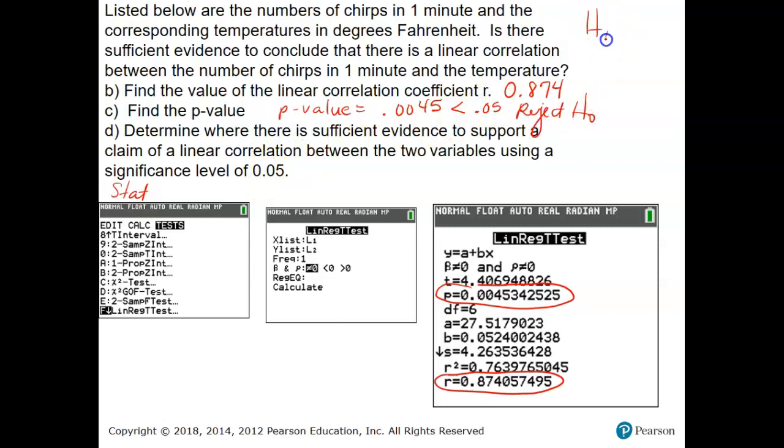And if you remember, our null hypothesis was that there is no correlation, and the alternative is that there is a correlation. So by rejecting the null hypothesis, we're able to support and say that there is a correlation between these.